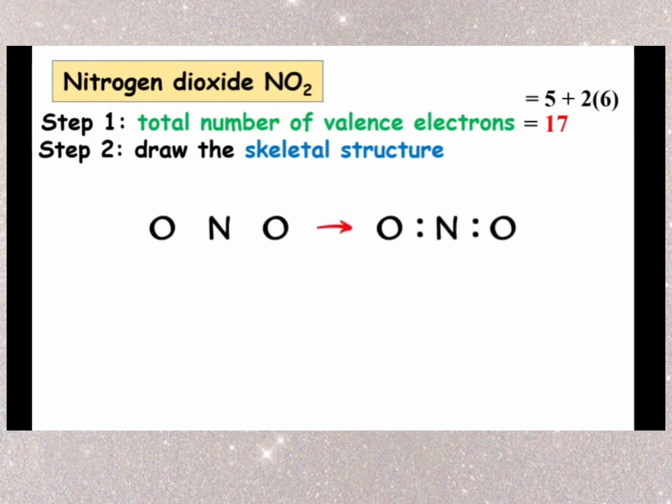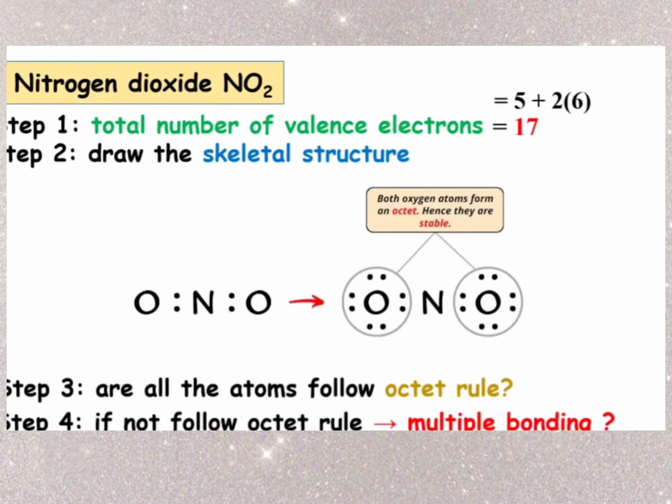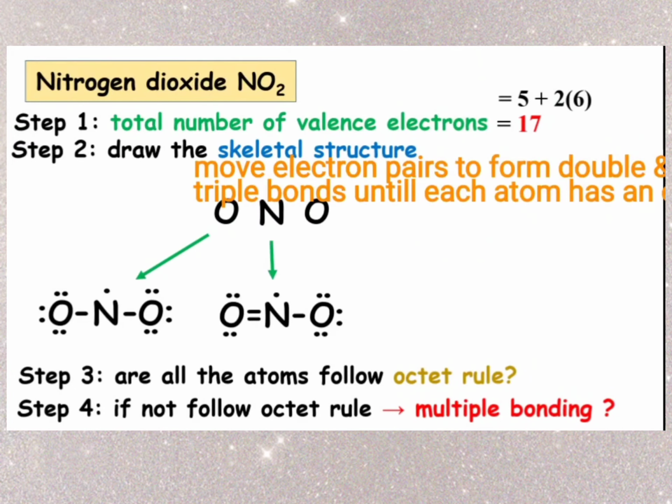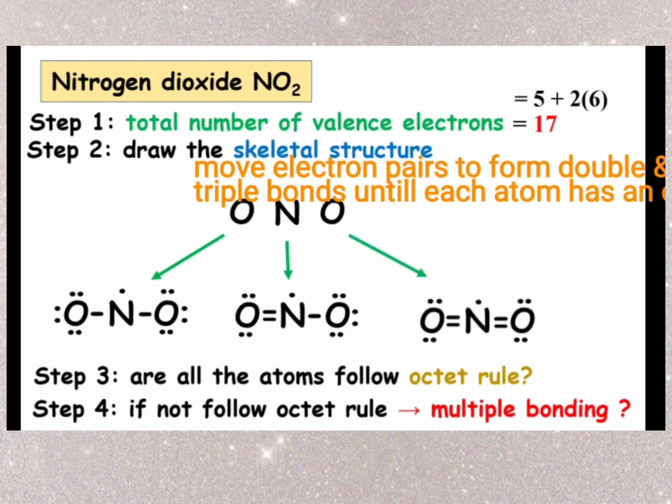Then put 2 electrons between each nitrogen atom and oxygen atom to represent a chemical bond between them. Then you have to complete the octet on the oxygen atoms. Now you can see in the diagram that all the oxygen atoms form an octet in the following diagrams.